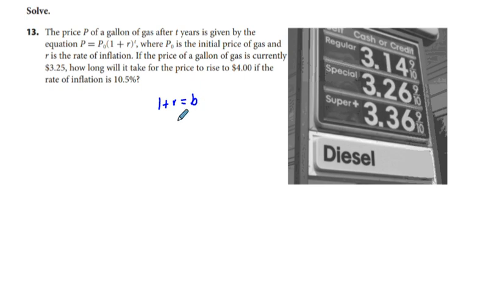And in this instance here, R is equal to 10.5%, which equals 0.105. So our base is going to be equal to 1 plus 0.105, which equals 1.105.